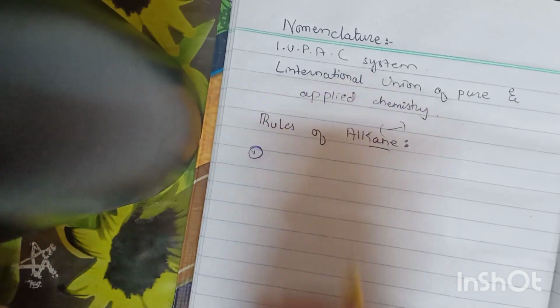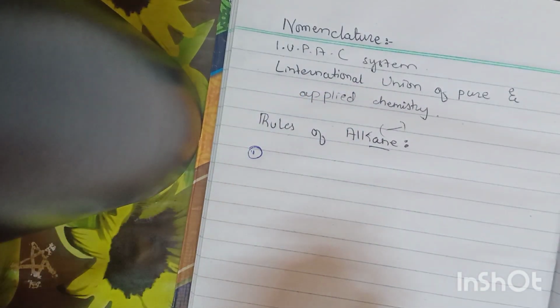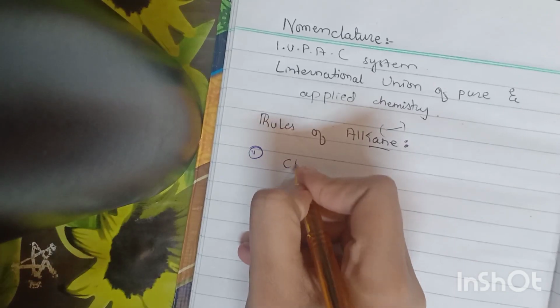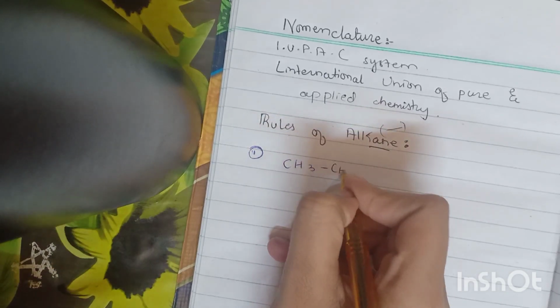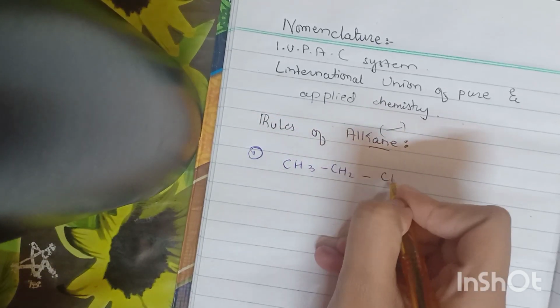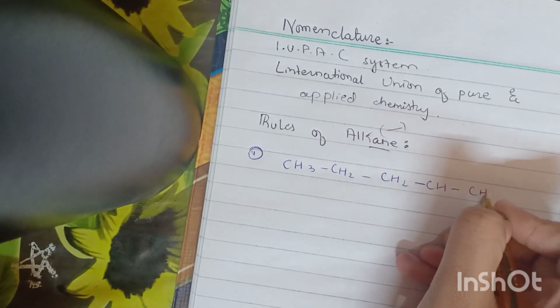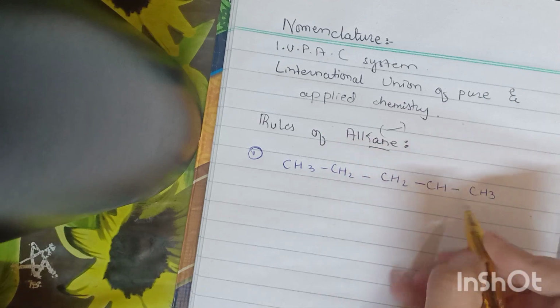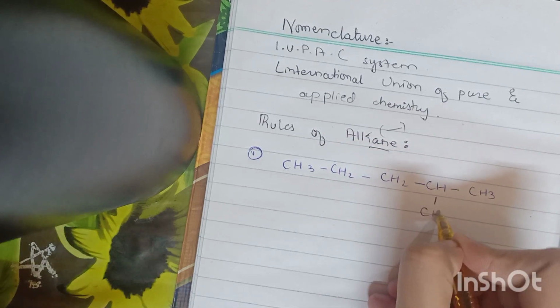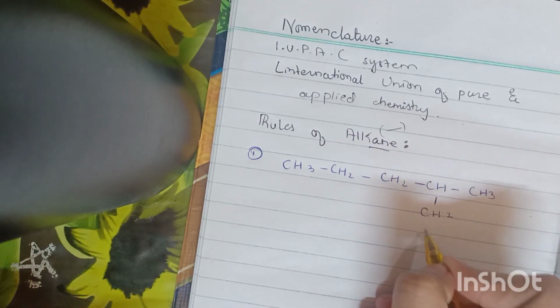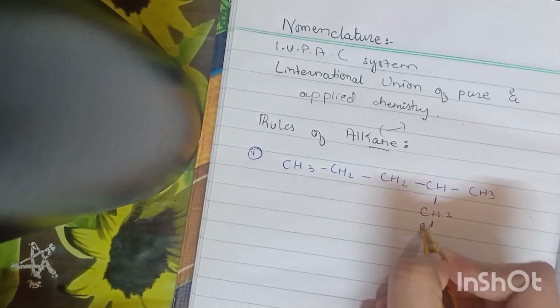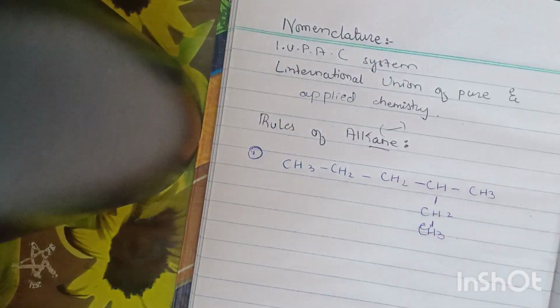First case, let me draw, then I can show you, it would be much better for you. CH2, CH3. For example, let's make the branch chain CH2, and here the bond is CH3, right?